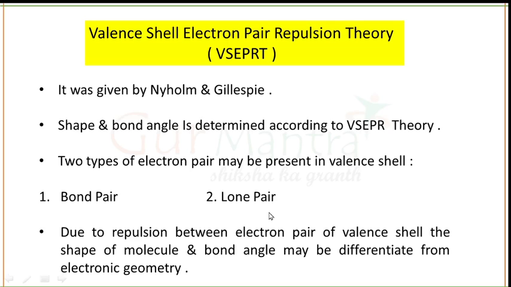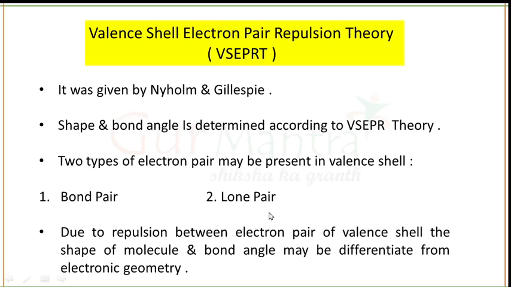It is a model used in chemistry to predict the geometry of individual molecules from the number of electron pairs surrounding their central atom. This theory tells about shape and bond angle. The shape and bond angle of any atom of any element is determined according to VSEPR theory.